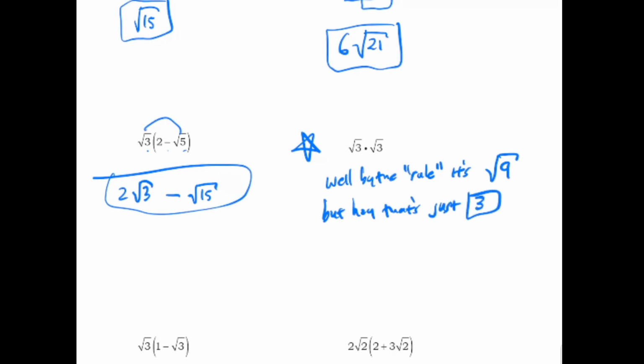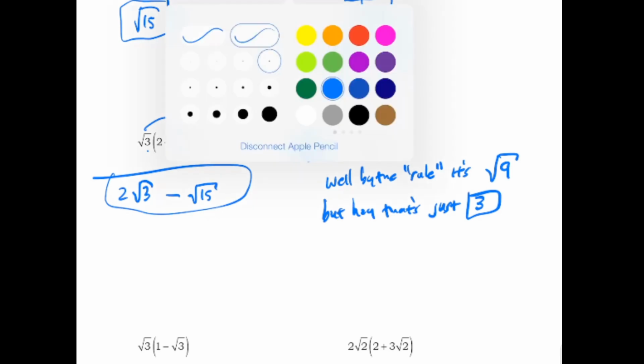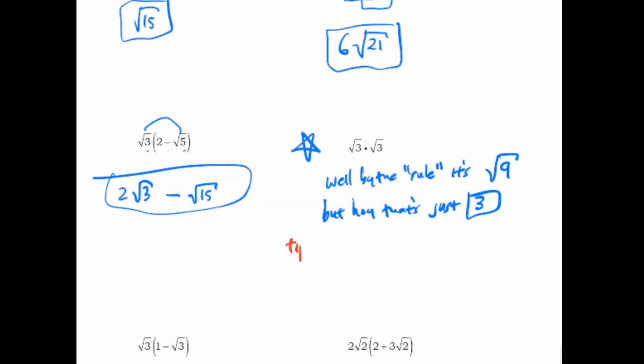So you could take a shortcut on these things. Call this a tip. If you have a square root of a thing, in this case it was a 3, and then you multiply it by the square root of exactly the same thing, in this case a 3 again, then you get just the thing.